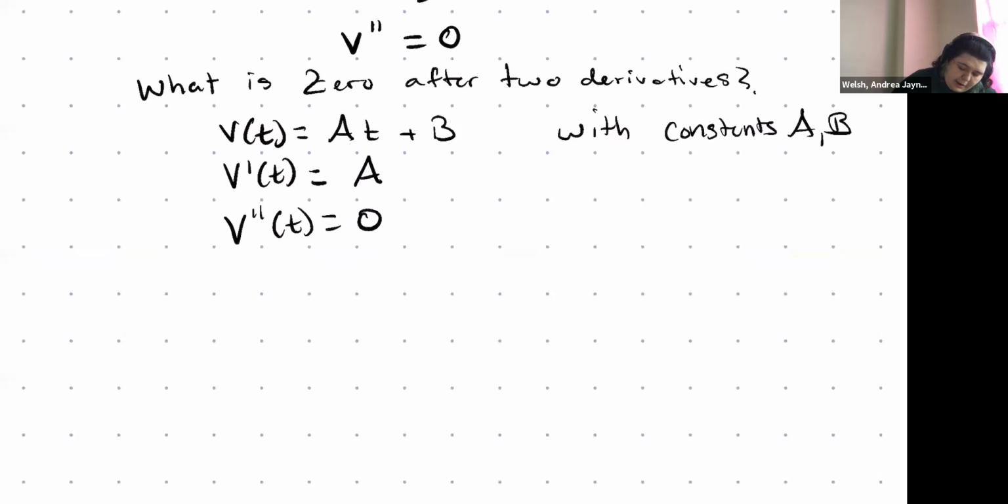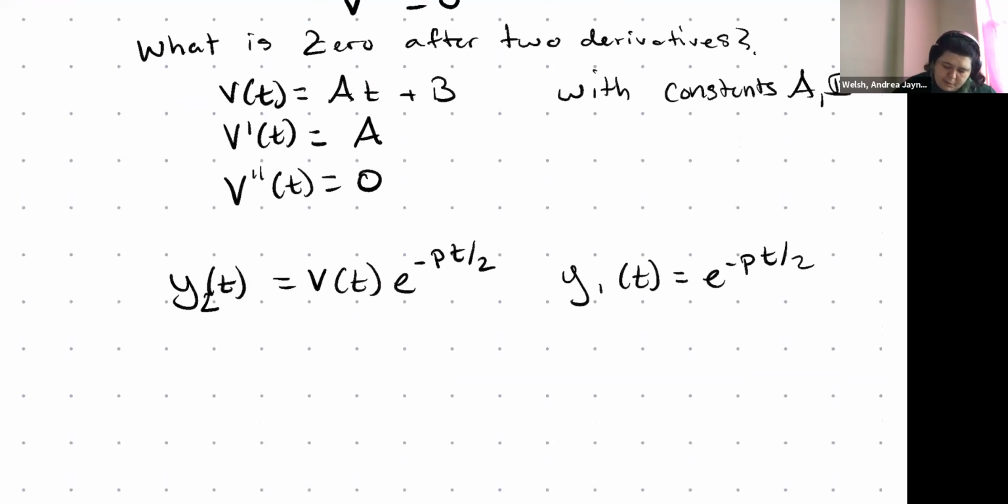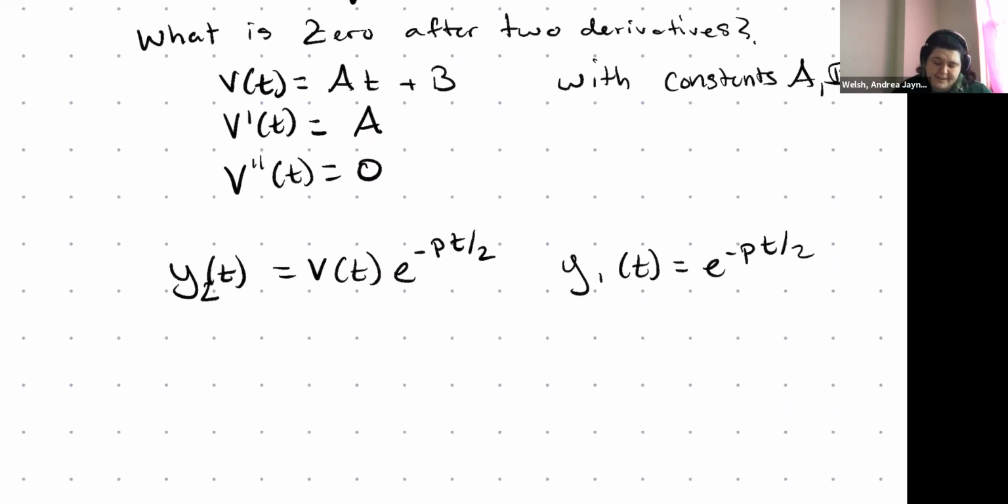And if I do that, remember, we're trying to find our solution 2 here, which we said was v of t times e to the minus pt over 2. And we had y1 as e to the minus pt over 2. So if I keep that b in there, what's going to happen is it's going to combine with my y1 once I add in and get my general equation.